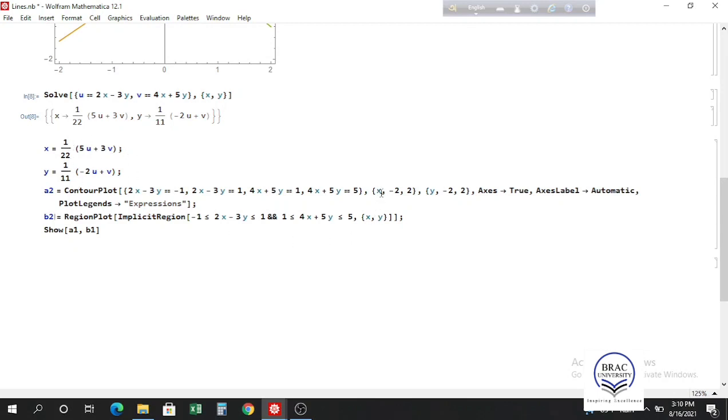So let's change the variables from x and y to u and v now. Same with the implicit region. So the variables are now u and v. If we press shift enter now, we will get the same region but in the UV plane. So I have to show A2 and B2 now.